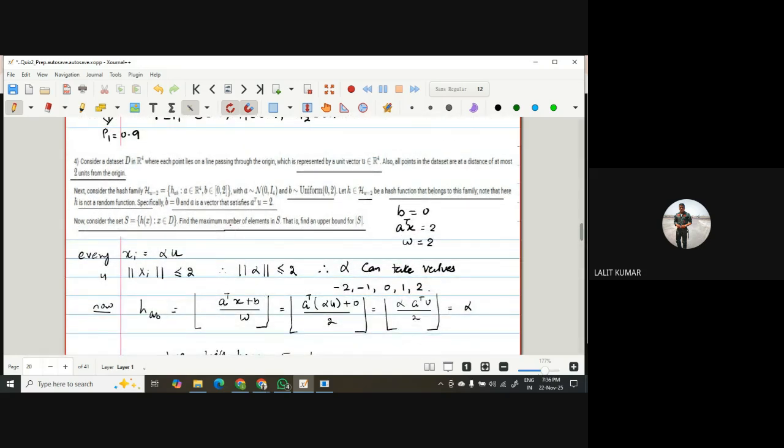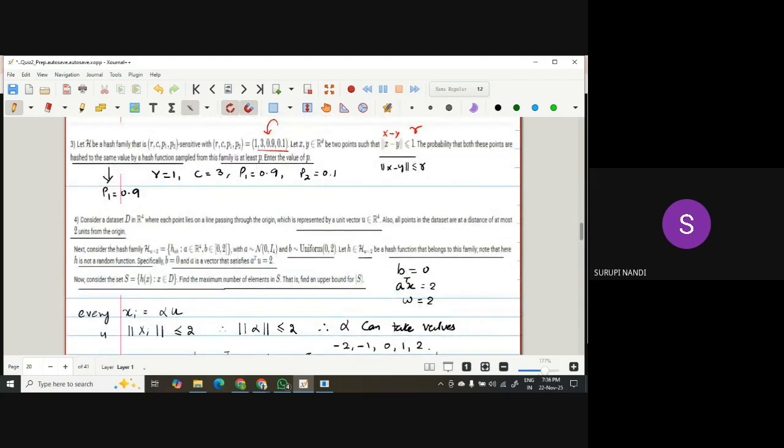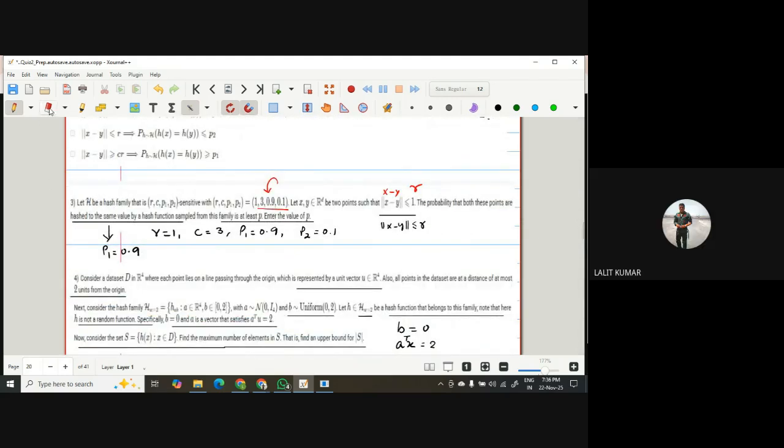Can you explain that one more time, why it is P1? P1, because straight from the definition. The definition says, if the norm of X minus Y is less than or equal to R, it means the probability of H(X) equal to H(Y) is greater than or equal to P1.